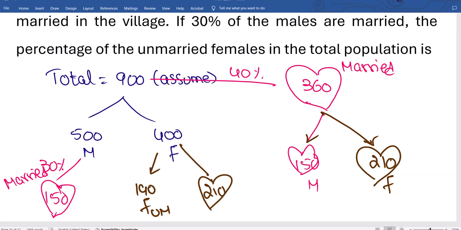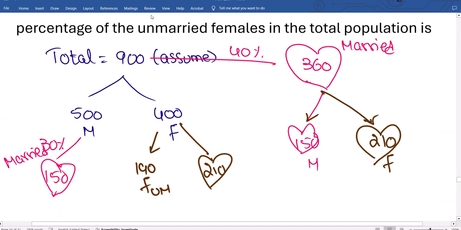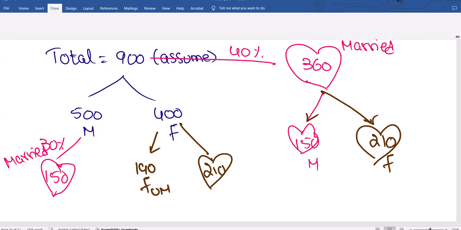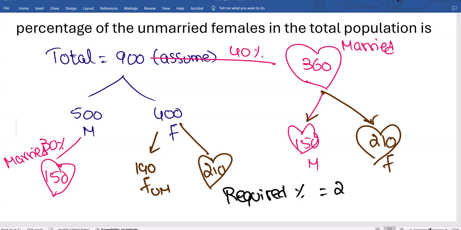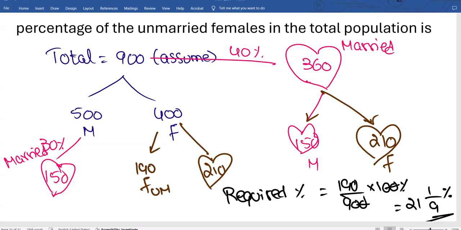Now the question asks the percentage of unmarried females out of the total population. So the required percentage is 190 out of 900, into 100. 190 divided by 9 is 21 1 by 9. So it is 21 1 by 9 percentage.